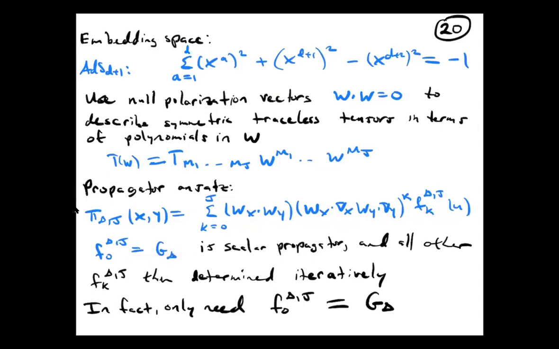And as I said, all the other functions here are given iteratively: you start working up to k+1, k+2, et cetera, by equations you can solve, and build up the whole propagator. But we only need, as I said, the lowest one.